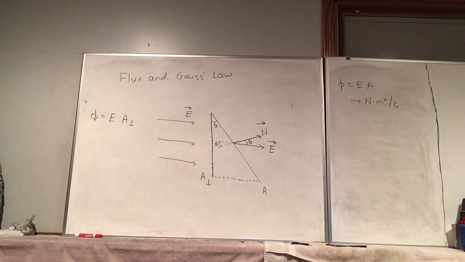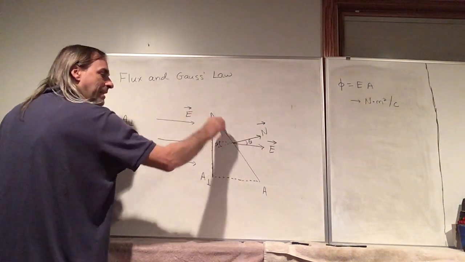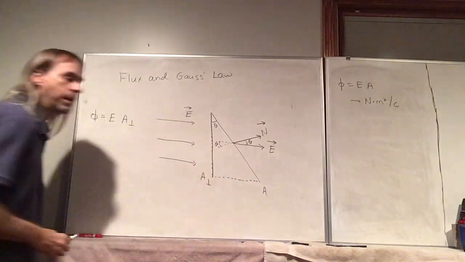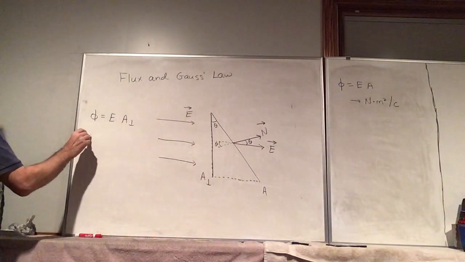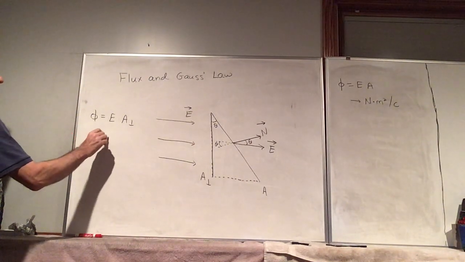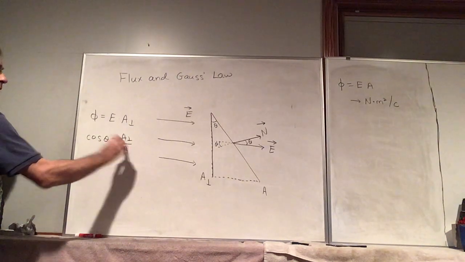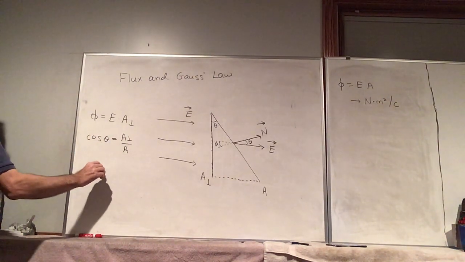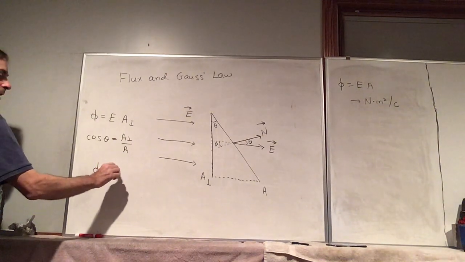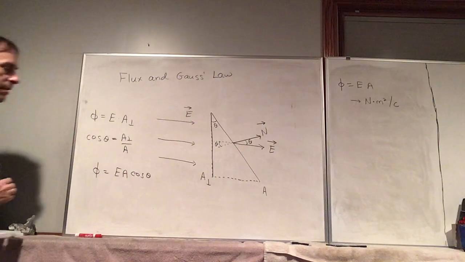So just from geometry, we can see that the angle between the normal vector and the electric field is the same as between that area and that perpendicular area. From this triangle, cosine of theta is A perpendicular over A. So we can rewrite our flux through this surface as E A cosine of theta.